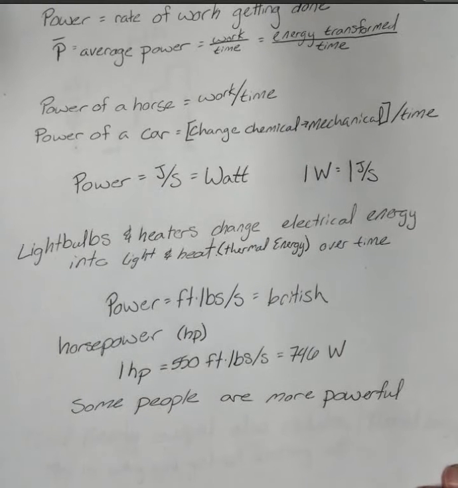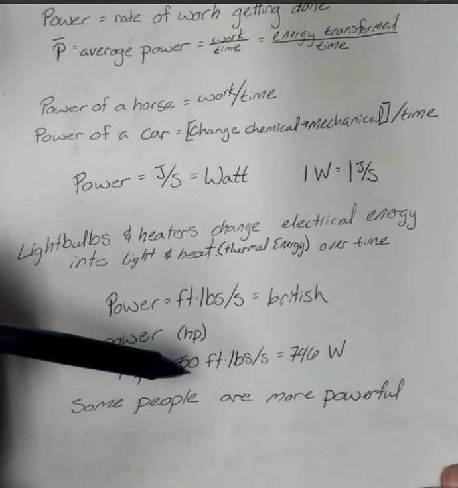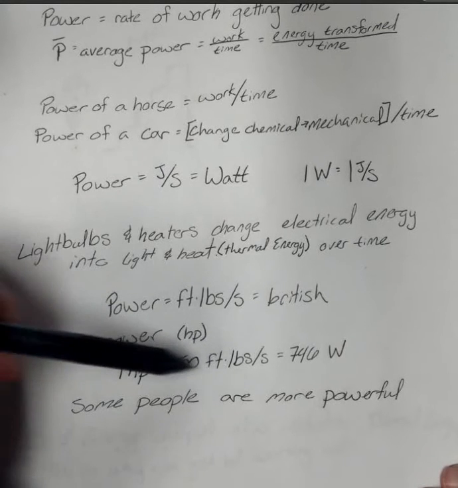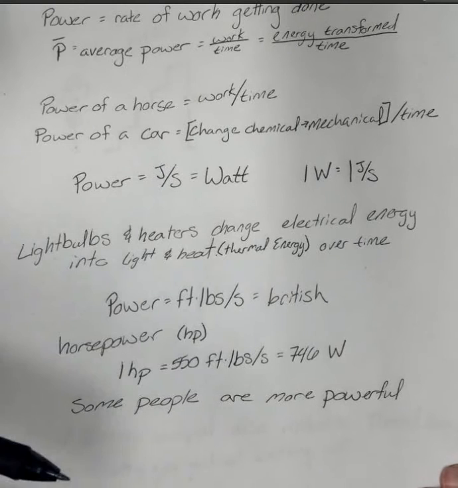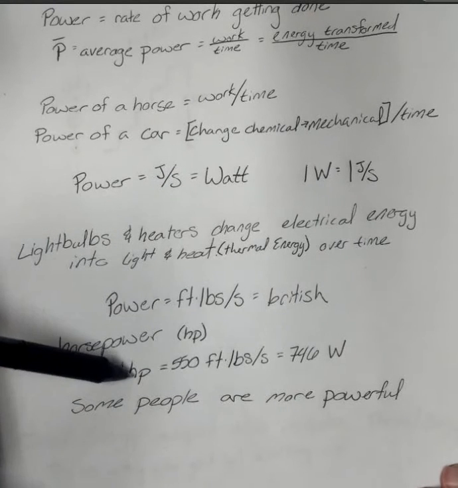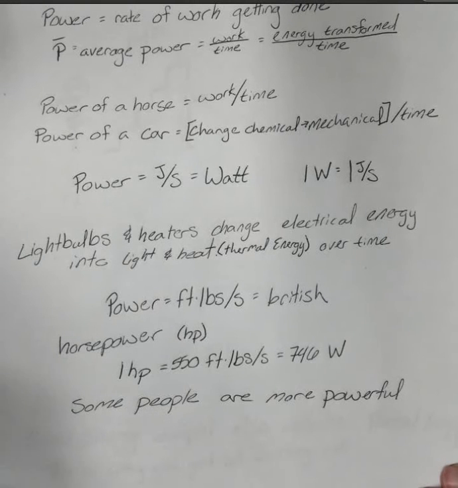And yes, that is based off of the average power output of a horse. And so to bring that unit into light, we could say that 1 horsepower is equal to 550 foot-pounds per second. So that's how much work a horse could do, 550 foot-pounds every single second. And the easy conversion for that is that 1 horsepower also equals 746 watts. So you can convert back and forth there.